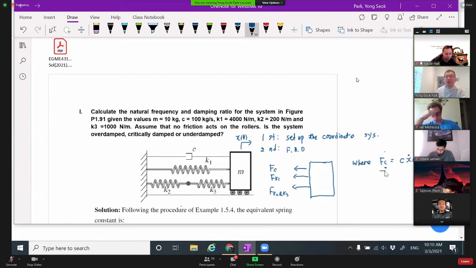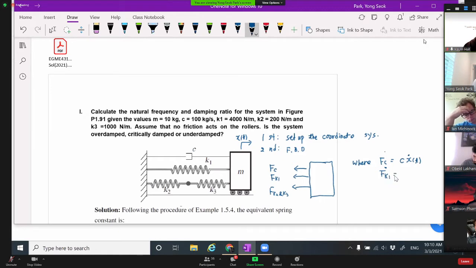This is FC. What is FK1? FK1 is always proportional to K, with respect to displacement, delta x. What about K2 and 3? How would you find K2 and 3? You would do 1 over K2 plus 1 over K3.